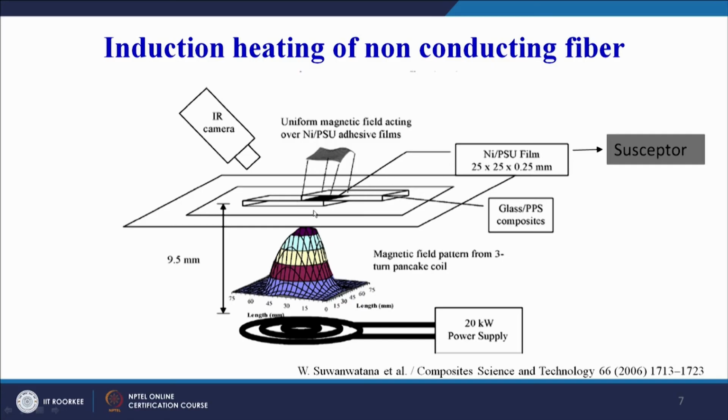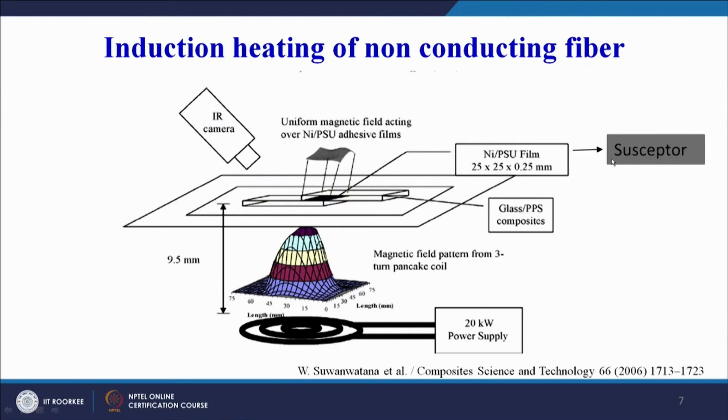So we have a film in between, and on the top and the bottom we have the composite plates or sheets that we want to join together. Since it is glass, as I have already mentioned, glass is a non-conducting fiber, therefore we require an additional film in order to make the joint possible, or in order to induce the induction heating effect.